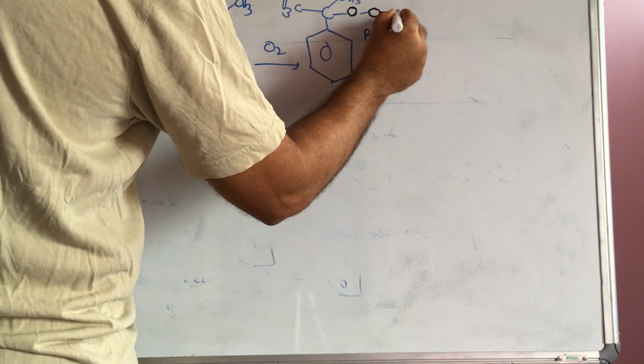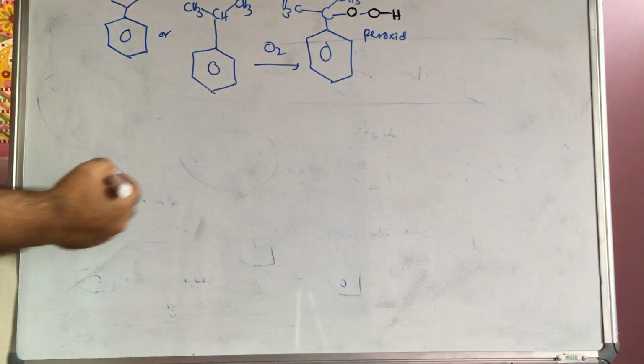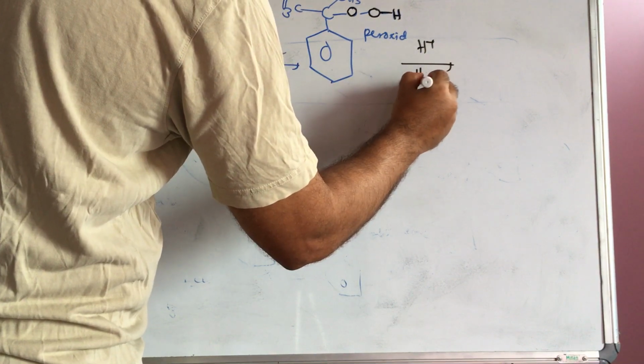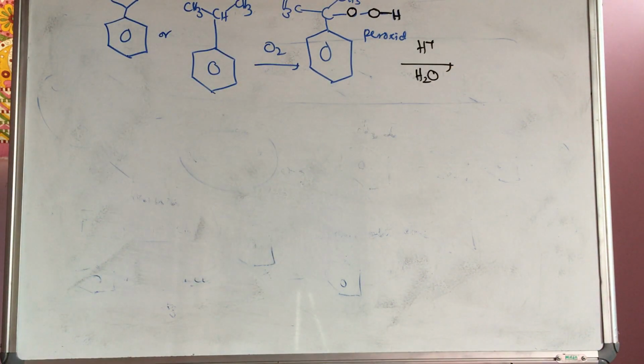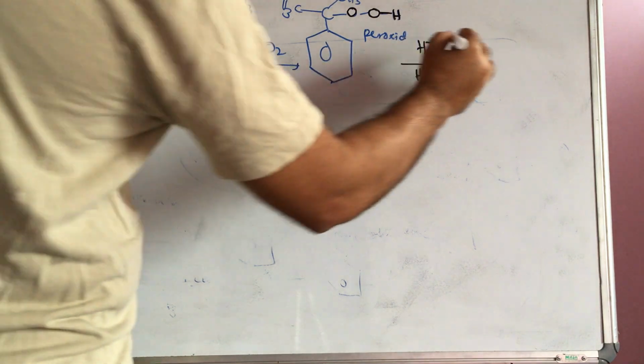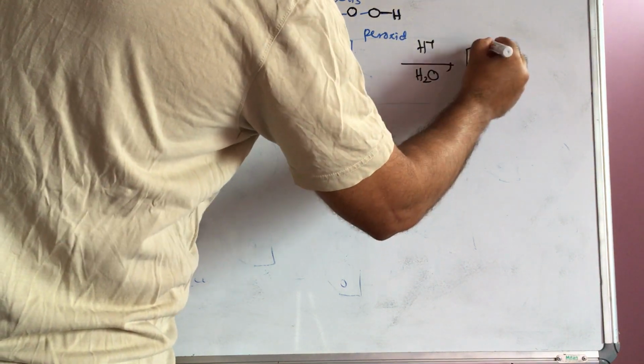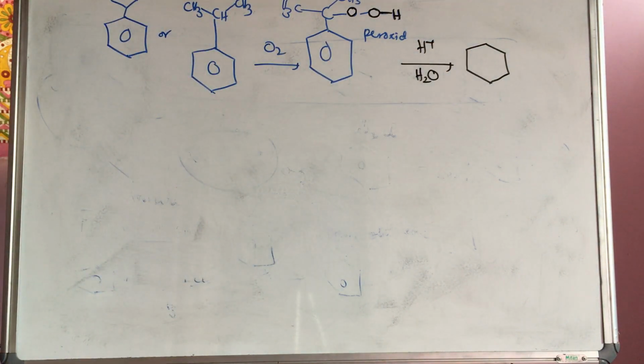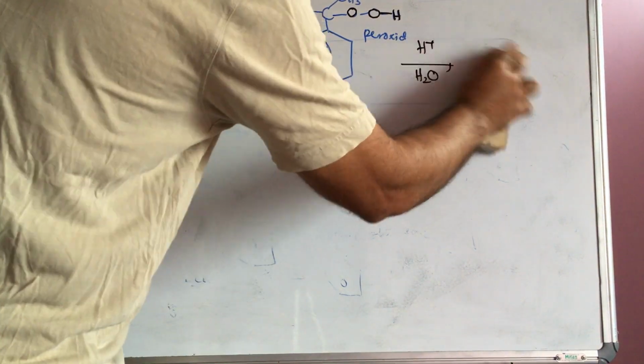Now on dilute acid hydrolysis, it will be converted into one, which is phenol. One minute, I will represent with this. Whatever the colors are there, I will represent that color.